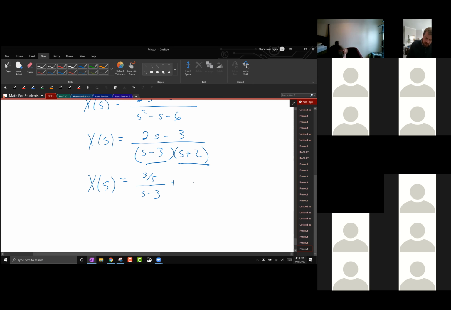For the other one, for the over s plus 2, I'm going to cover up the s plus 2 and replace all of the s's in that original expression with a minus 2. When I do that, I get minus 7 over minus 5, or I get 7/5.